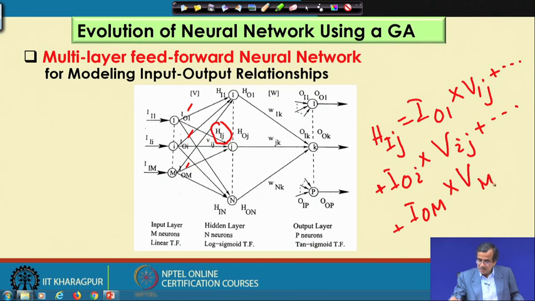So, this is nothing but this h_Ij, that is the input of the jth neuron lying on this hidden layer. And once you have got it, and I know the transfer function, that is the log sigmoid transfer function which I am going to use, very easily I can find out the output of the jth neuron lying on the hidden layer. I am going to find that out mathematically.